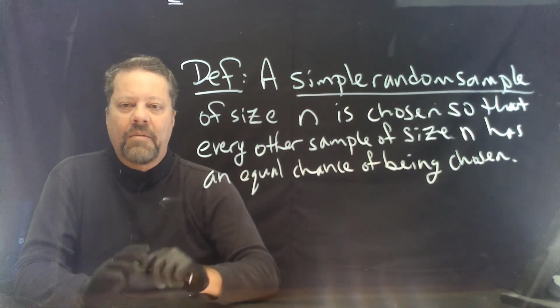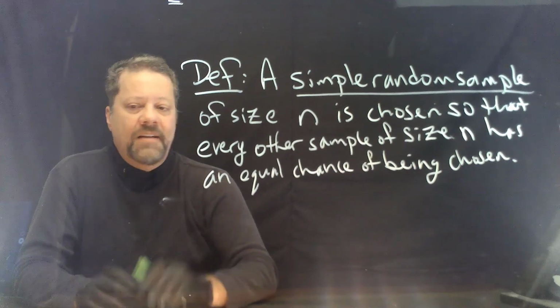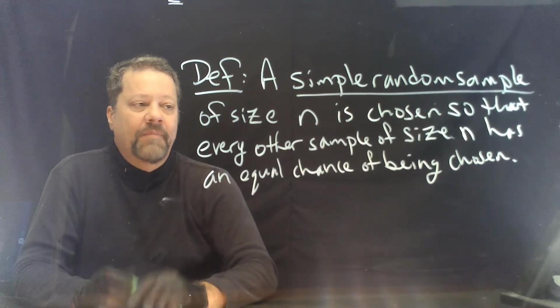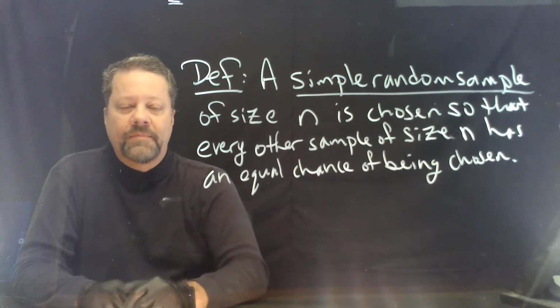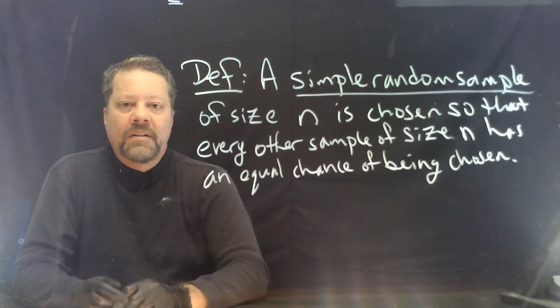So you look at all possible samples of size n, you give them an equal chance of being selected, and then you choose one. That gives you a simple random sample.